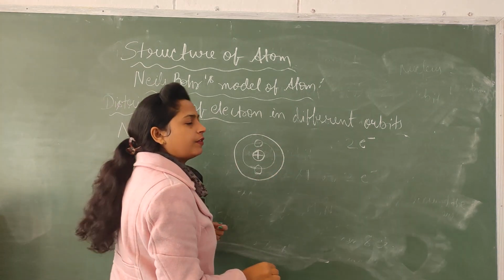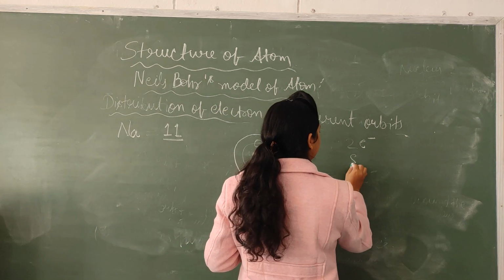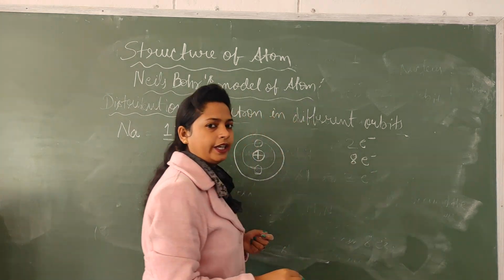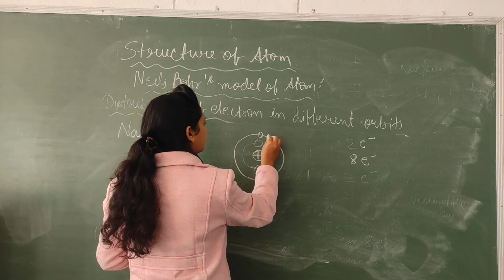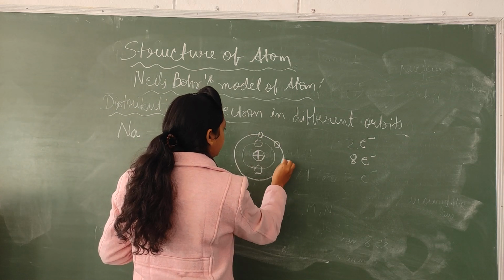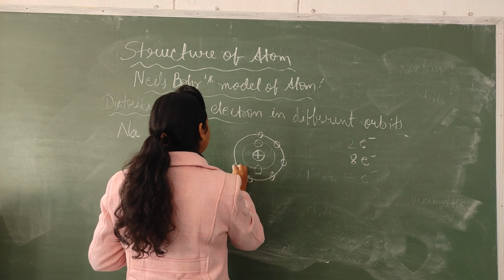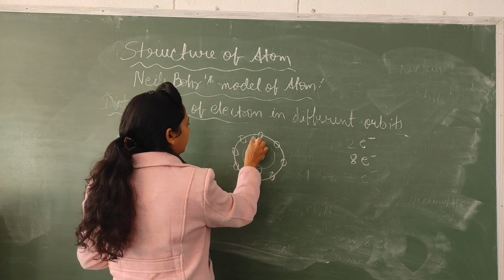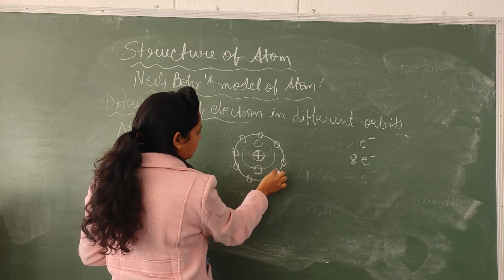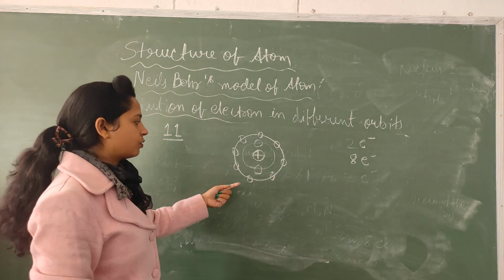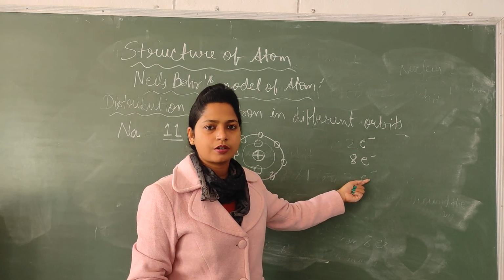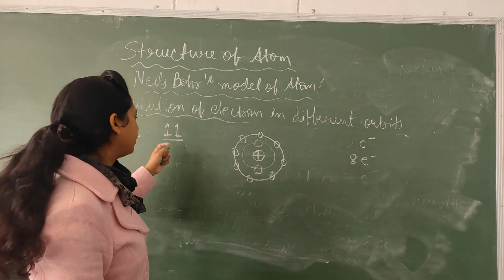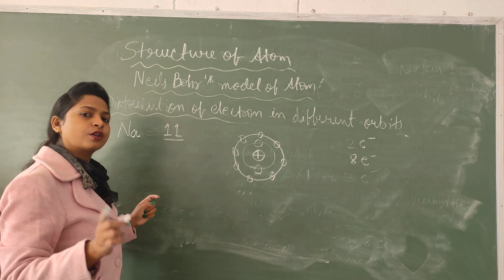How many electrons can be filled in the second orbit? According to 2n square, it will be 8. So now fill these 8: 2, 3, 4, 5, 6, 7, 8. Try to maintain this distance; it should be equal. So in the second orbit, 8 electrons are filled. 2 and 8 make 10. How many electrons are left? 1.